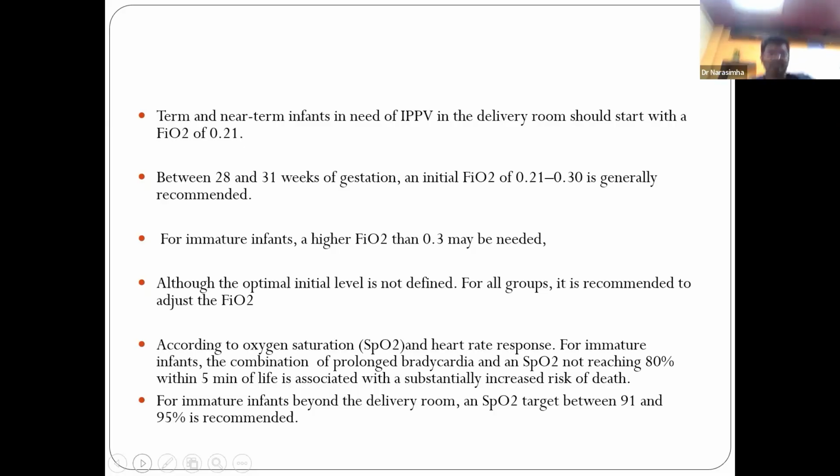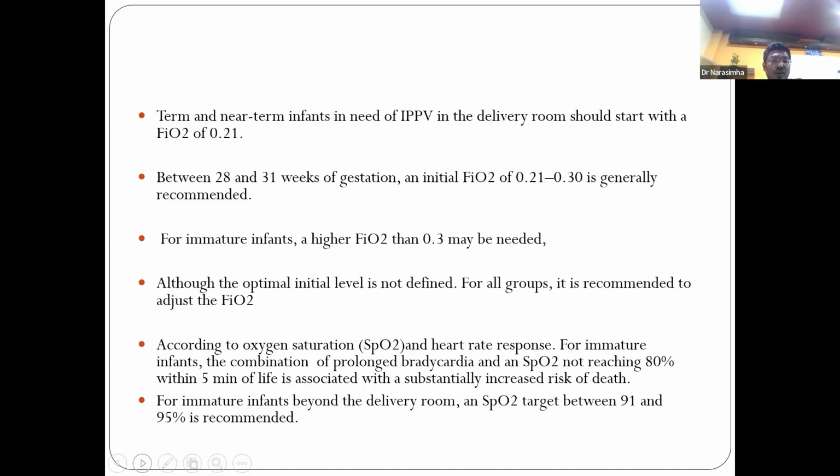This point I want everyone to listen to, because according to the oxygen saturation and heart rate response, for immature infants, the combination of prolonged bradycardia and SpO2 not reaching 80% within 5 minutes of life is associated with a substantial increase in the risk of death. So it is always important to know when to start giving that FiO2 or pressure, because any immature infant having a prolonged bradycardia and SpO2 not reaching 80% within 5 minutes of life, the chance of mortality is increasing in the babies.